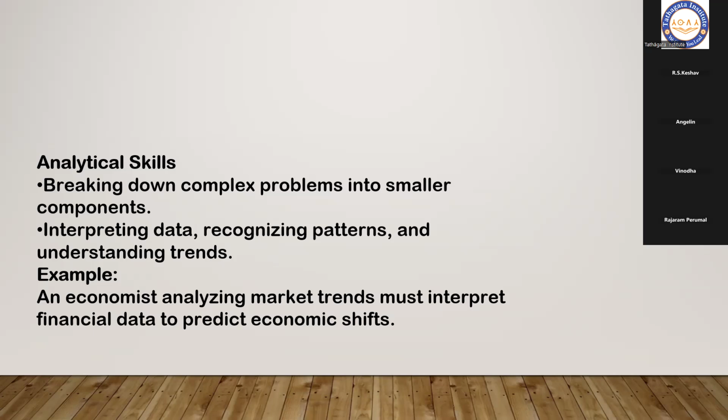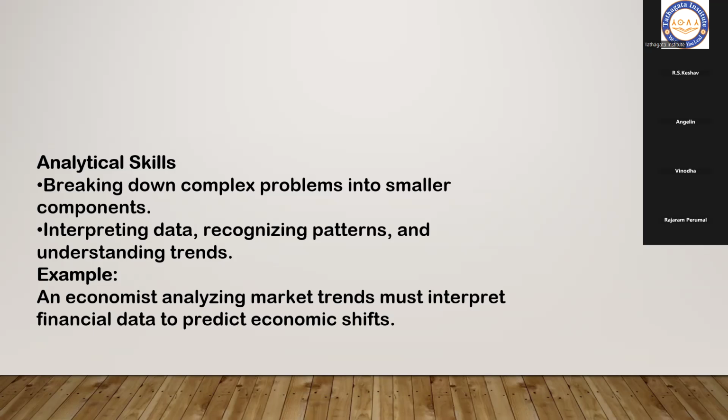Even when I study, I need to do an analysis to give a good output. Like that, a researcher should also analyze what to do first. A problem may be complex, and he should know how to break it down into simpler components so that he gets a perfect answer. And he should also know how to interpret data. That's more important. That's why we have exams which test our analytical skills.